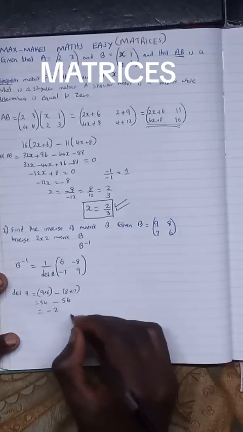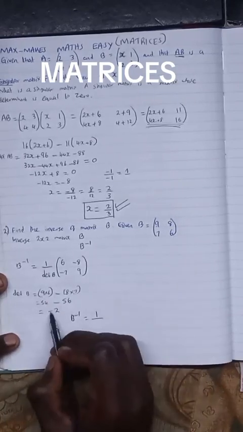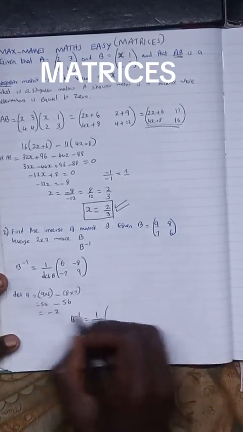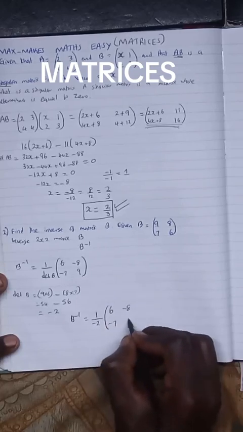So B inverse is equal to 1 over the determinant of B, that is -2, into 6, -8, -7, 9.